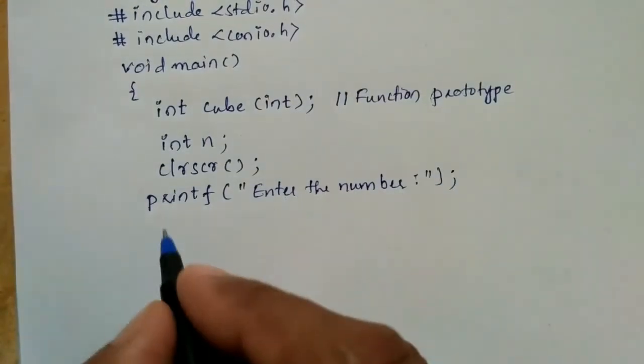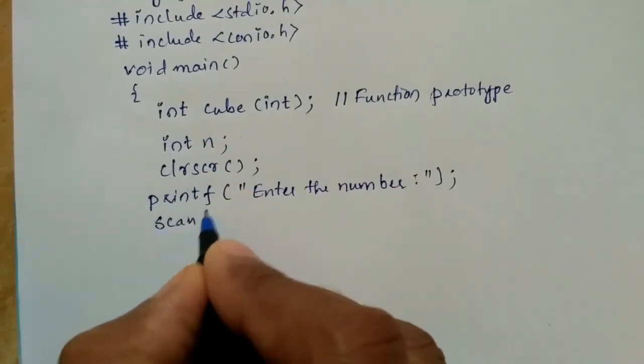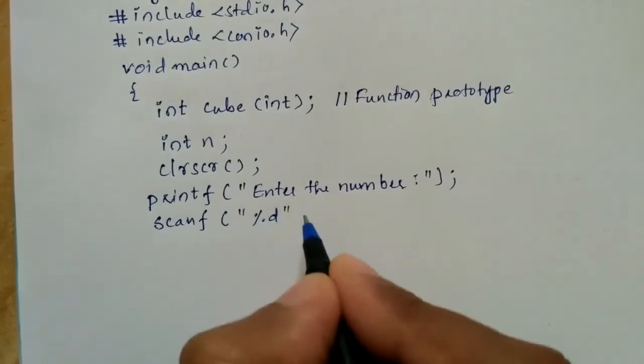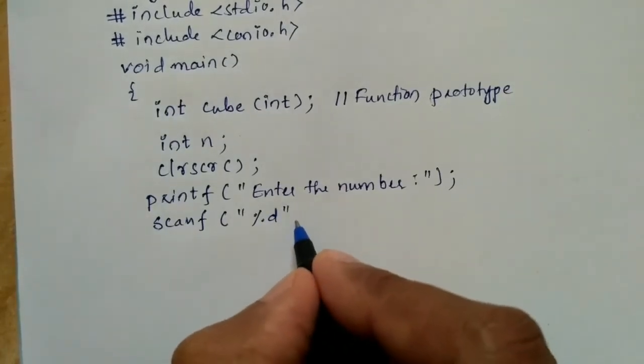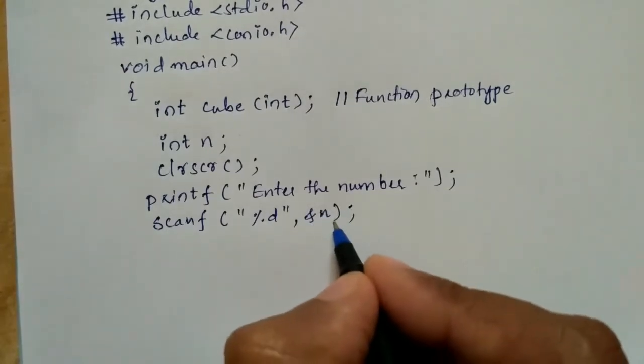Now I have to receive the value for n. For that I'm going to write scanf, and in a double quotation mark I'll write %d, that is a format specifier, comma, ampersand of n and semicolon.